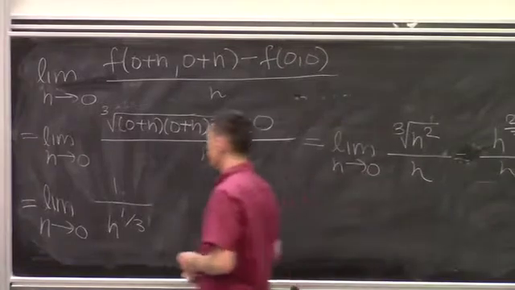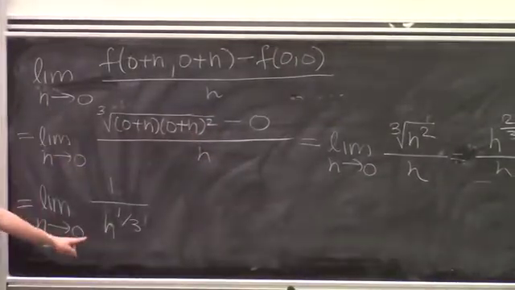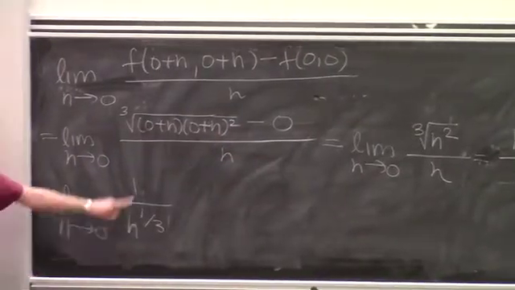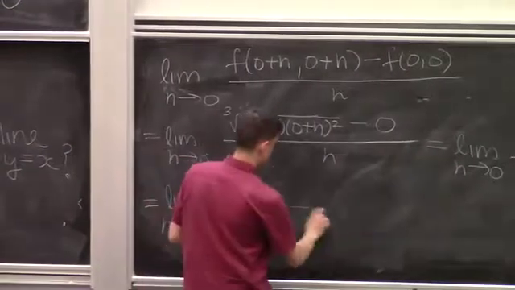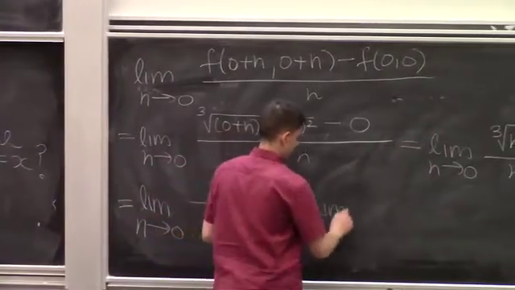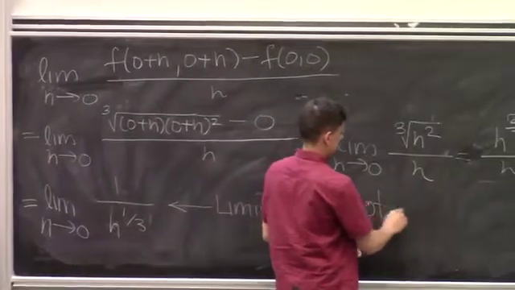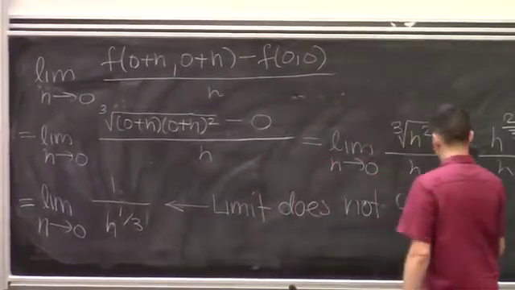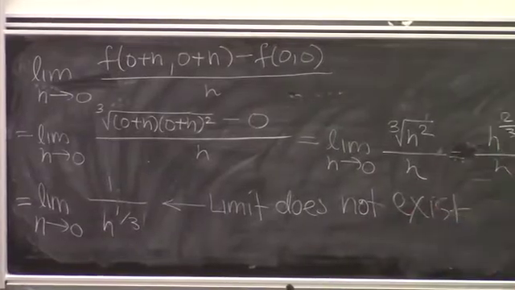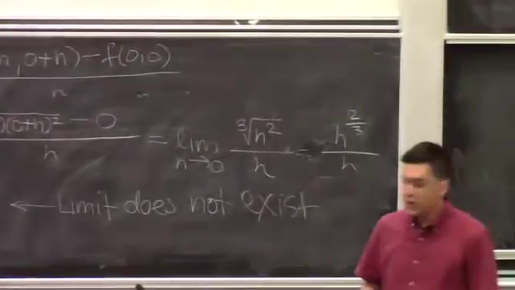On the bottom, we have h. When we cancel, we get this. Okay, so this limit here does not exist.